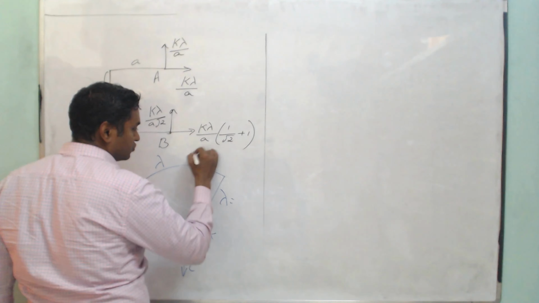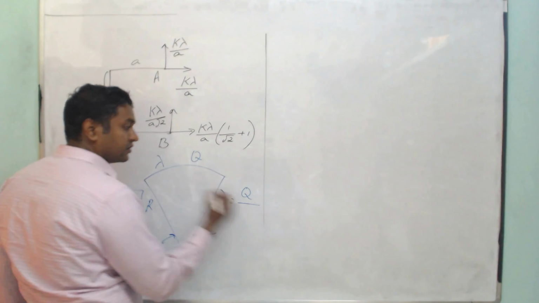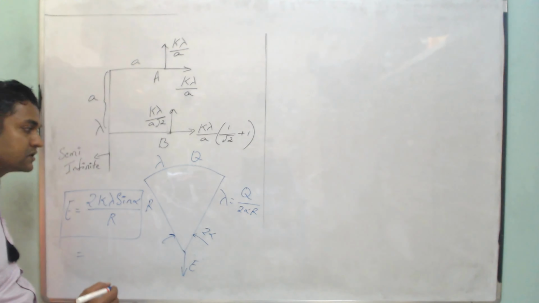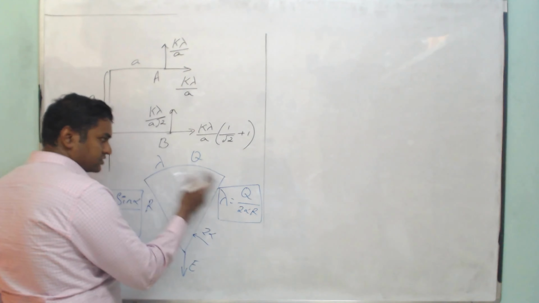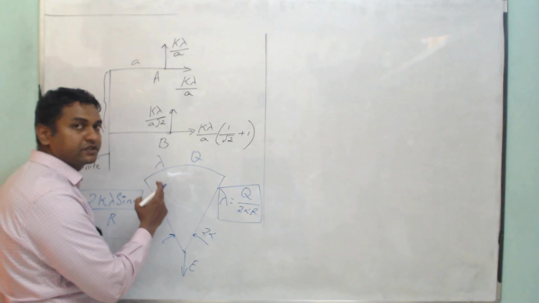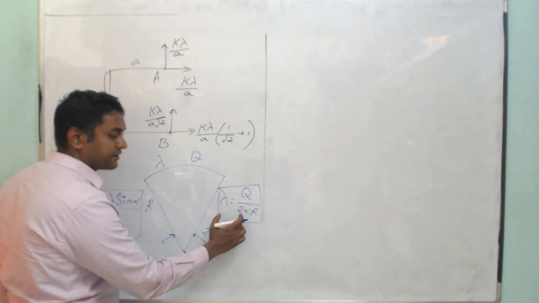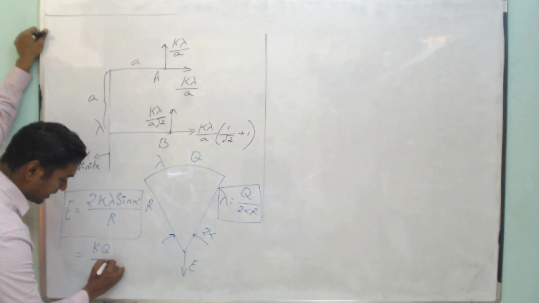It is the total charge Q divided by the total length, which is R times the angle subtended at the center, 2 alpha R. We substituted this over here, and we got KQ by R square into sine alpha by alpha.